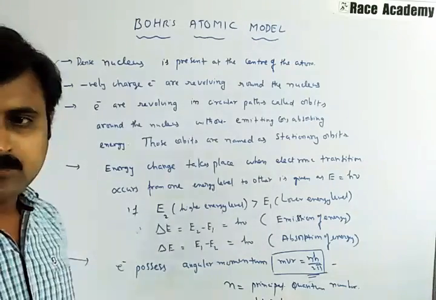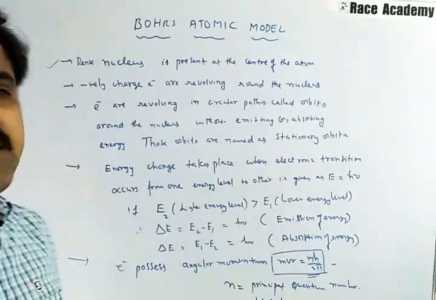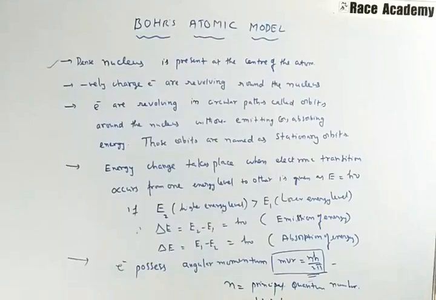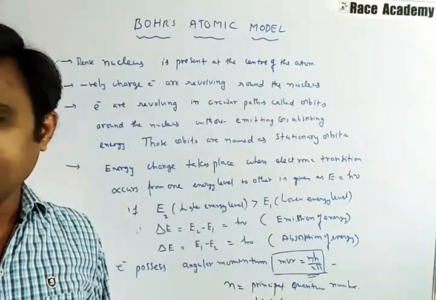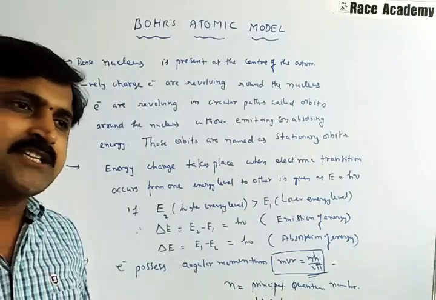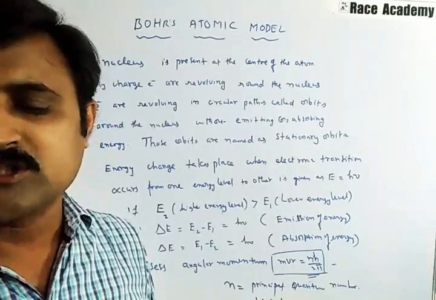Now, this Bohr's atomic model we have finished in this session with the important postulates. But coming to the limitations of Bohr's model, and the advantages also, we will discuss. First we will discuss the advantages of Bohr's model.